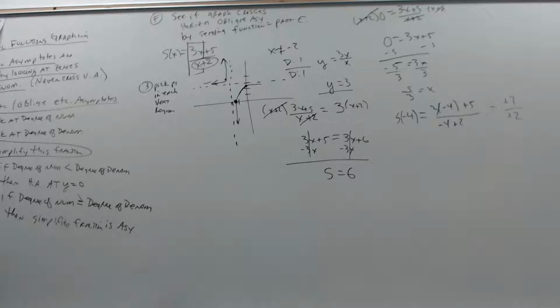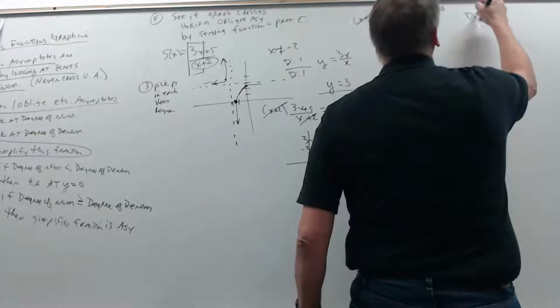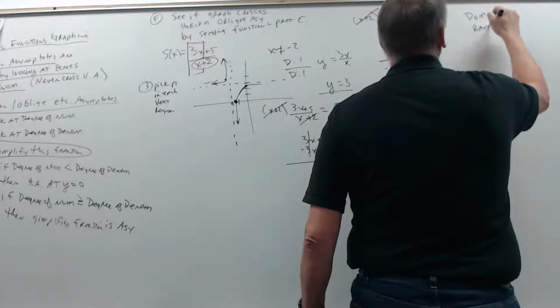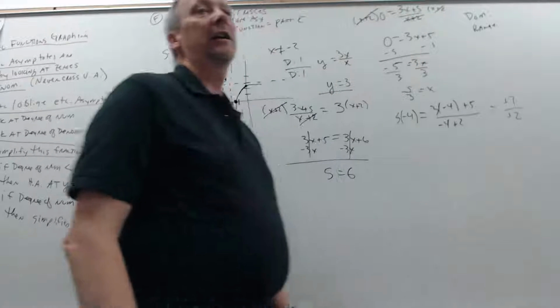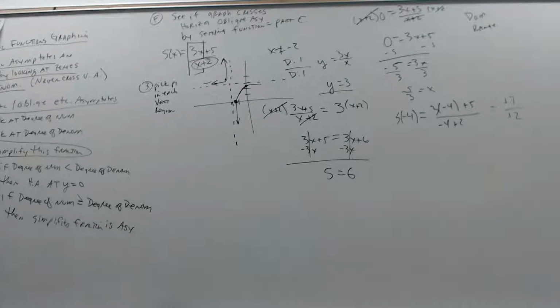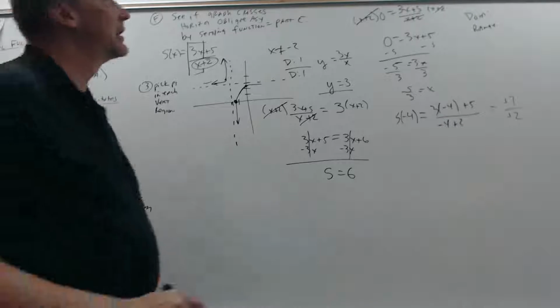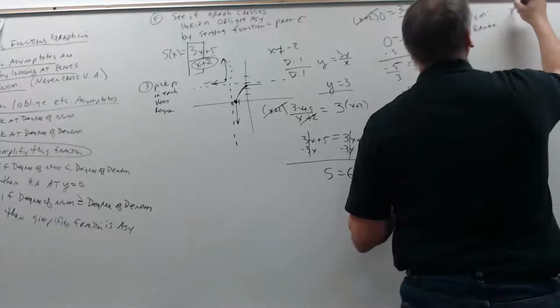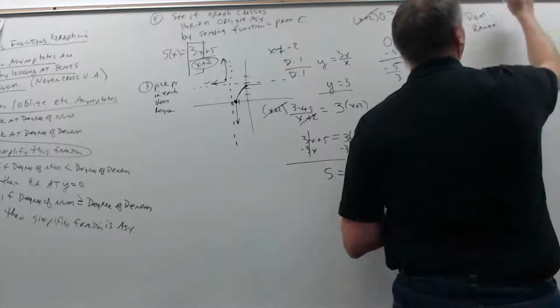All right, how about... by the way, we haven't really stated our domain and range. Before we go on to the next one, what's the domain and the range? Mallory, it looks like you want to do that. The domain cannot be equal to -2. What is not equal to -2? X. X, don't forget that. Okay, your range?